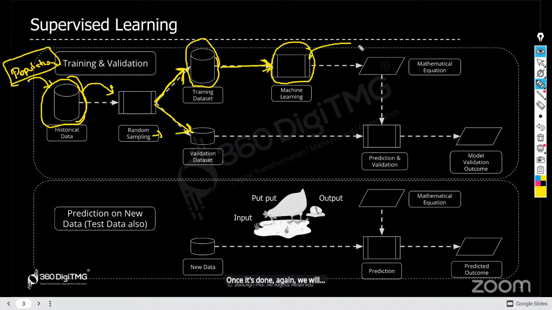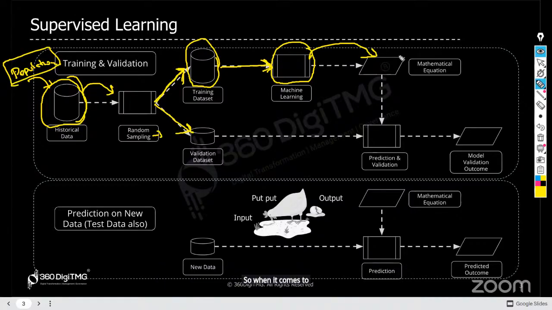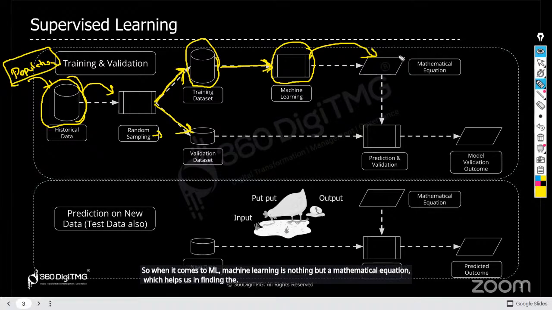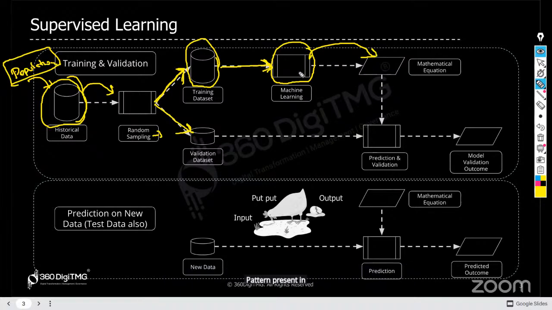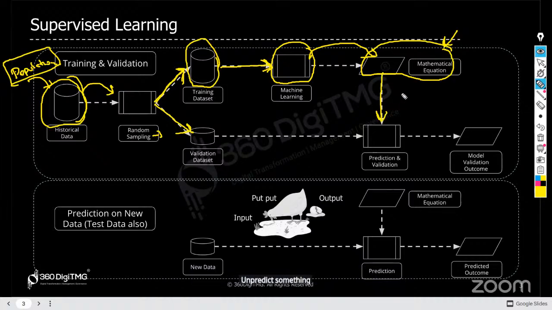Machine learning model is nothing but a mathematical equation which helps us in finding the pattern present in the data. The ML model will go with its own mathematical equation and predict whether it is going to rain today or not.